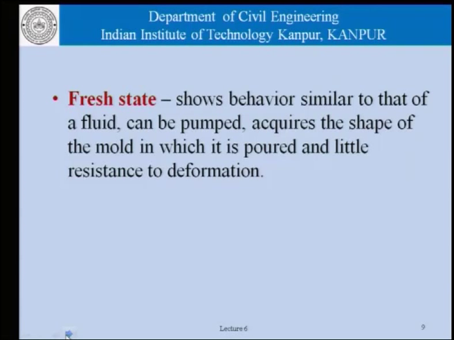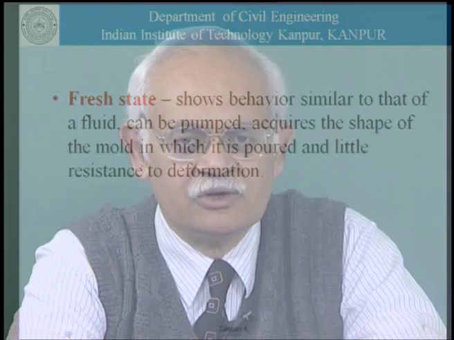Now, concrete has basically two distinct states: the fresh state, where it shows behavior similar to that of a fluid which can be pumped. It acquires the shape of the mold in which it is poured and has little resistance to deformation. In fact, this property is at the root of the popularity of concrete as a construction material in the present day.